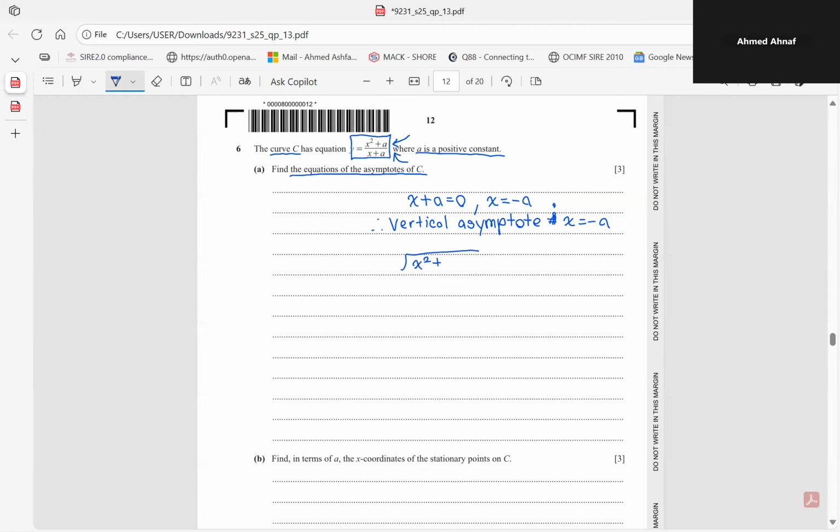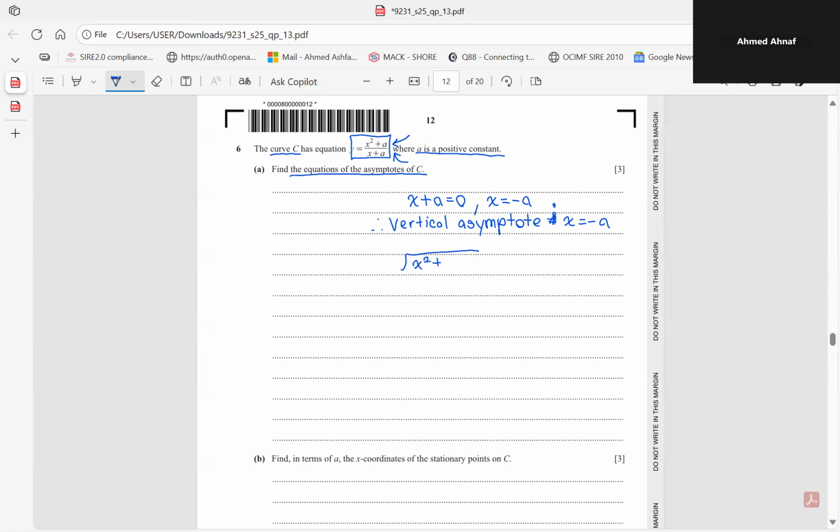Okay, so for this part, we're going to have to find, in terms of a, the x coordinates of the stationary points on C. To do this, let's take our equation of the curve, this version, like this is much simpler to differentiate.